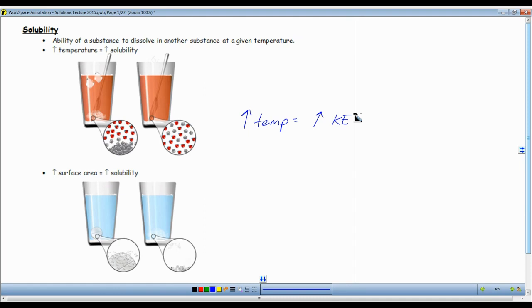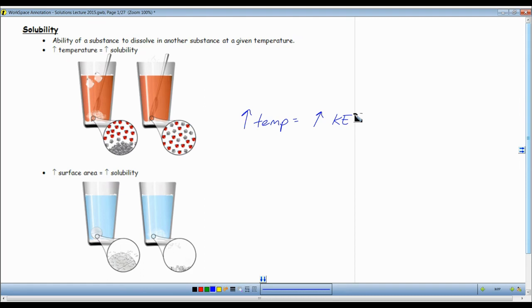I could increase the surface area to increase solubility, which we'll do later on this year. We're going to test some antacid tablets, see which ones are better at neutralizing stomach acid. The first step in the lab says to grind the antacid tablet with a mortar and pestle.